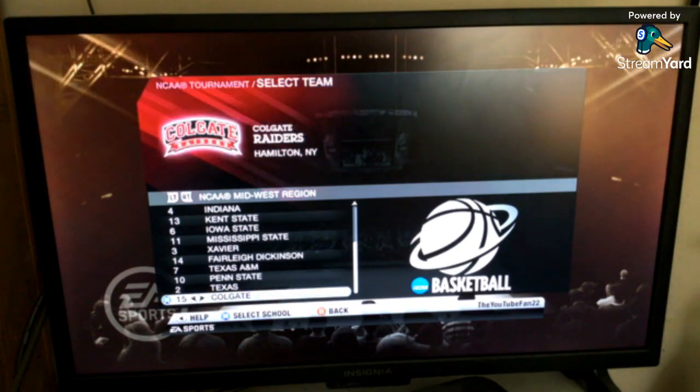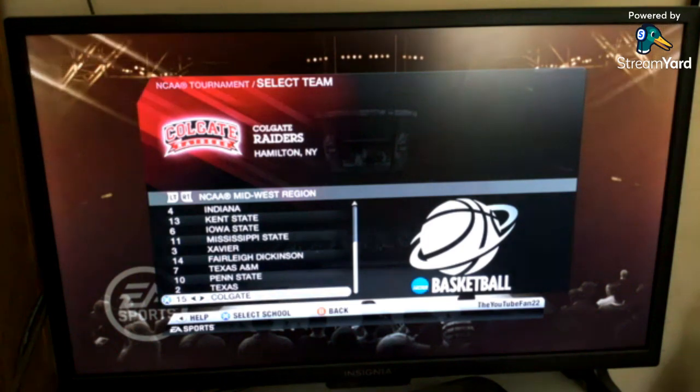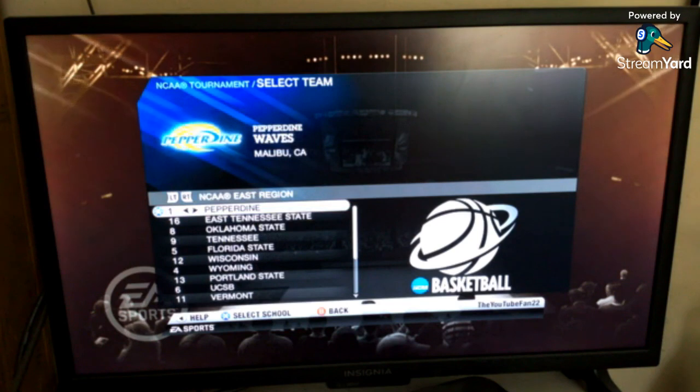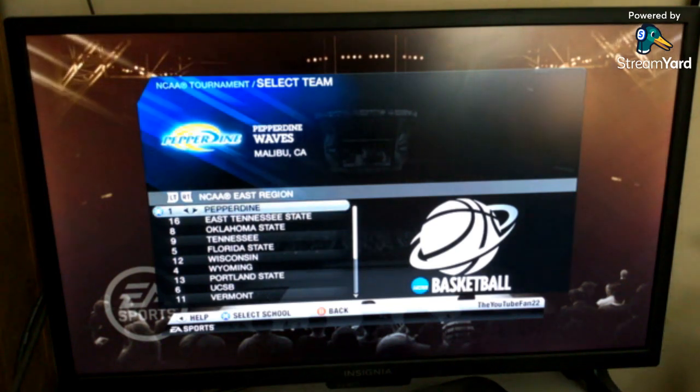Alright, that concludes the Midwest and the Western region. Now we move on to the other half of the bracket, which is South and East region. We start with the East region. I don't think we're going to have to do any replacing. Let me make sure.